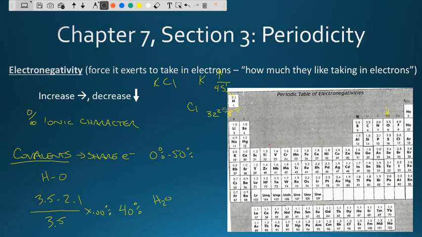If I look at these orbitals, here's 1, 2, 3, 4, 5. Here's my 1s1. To form a bond, the chlorine is actually going to strip off the electron and put it right here.